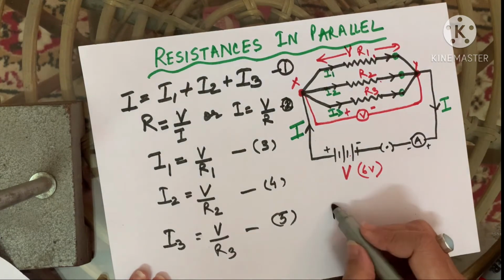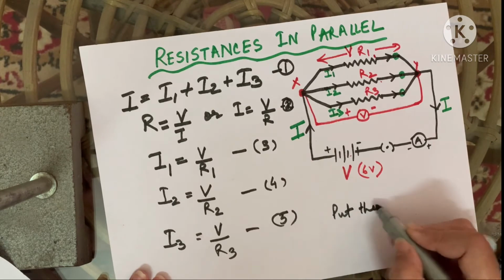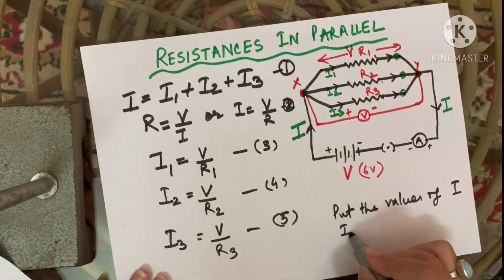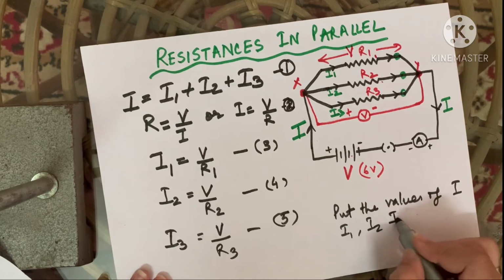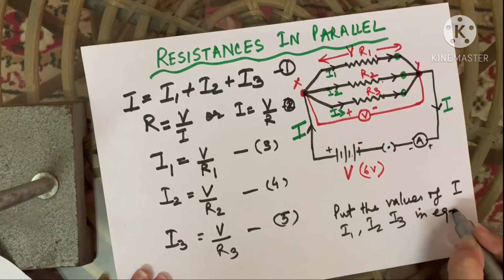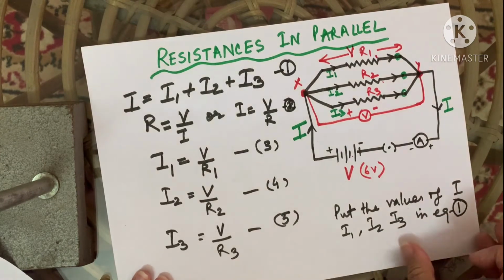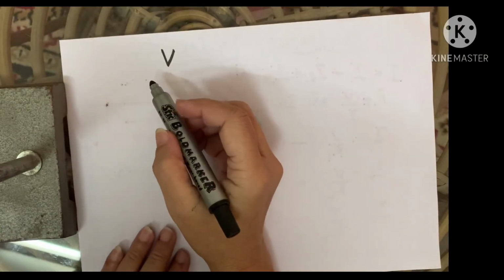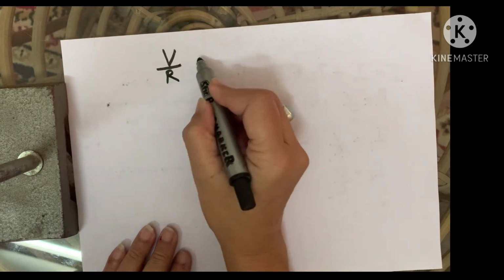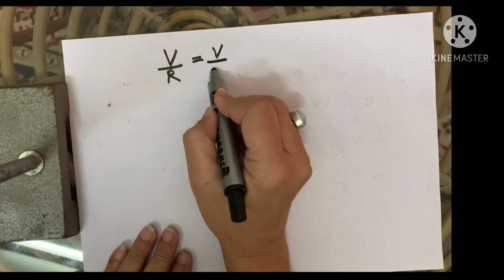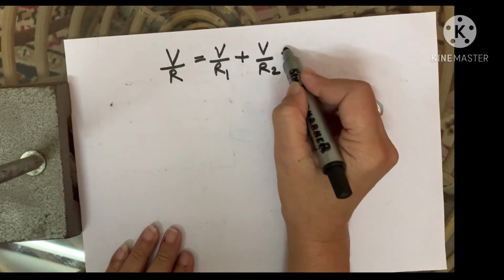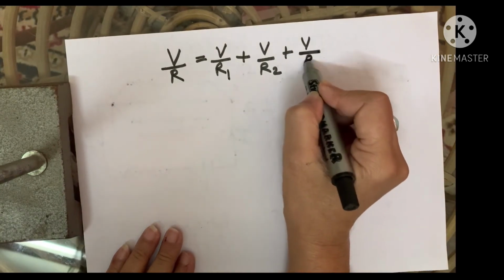Now let's put the values of I, I1, I2, I3 in equation number 1. So by putting the values, we will get V upon R is equal to V upon R1 plus V upon R2 plus V upon R3.